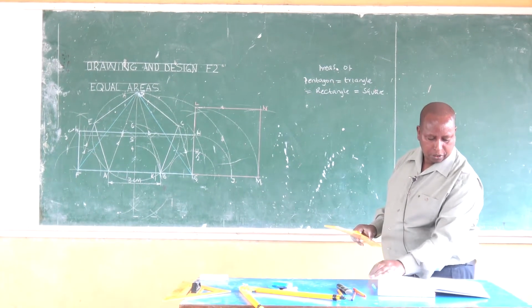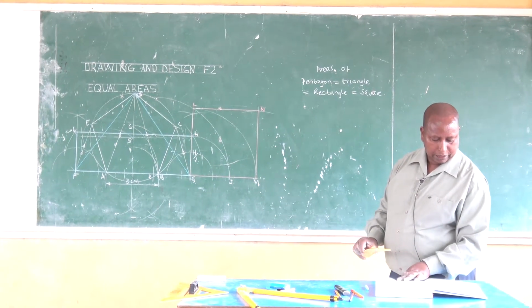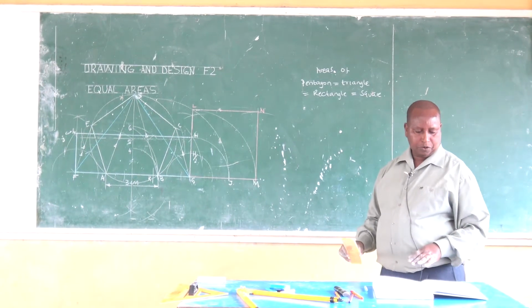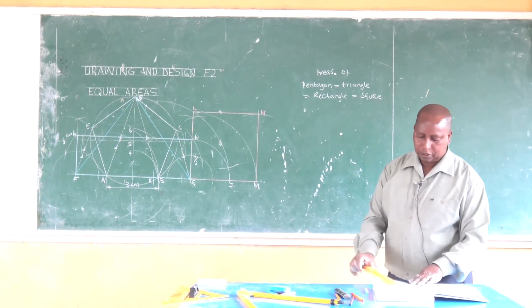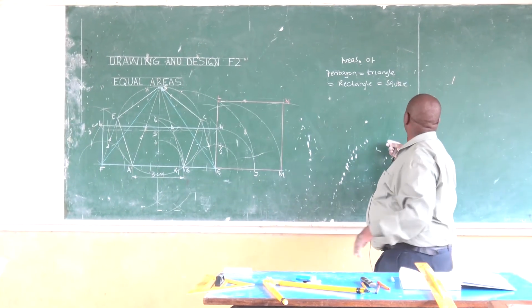Let's attempt to prove that the area of the square and the triangle are equal. Example.